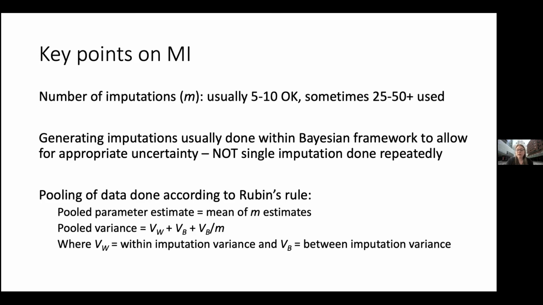Instead, we're drawing a random value following this framework. Then in terms of the pooling, the pooled parameter estimate is the mean of those M estimates, and then the pooled variance, this is the only formula in the whole thing, I promise, accounts for the variance both within the imputation and between those imputation data sets so that we can reflect that uncertainty appropriately.